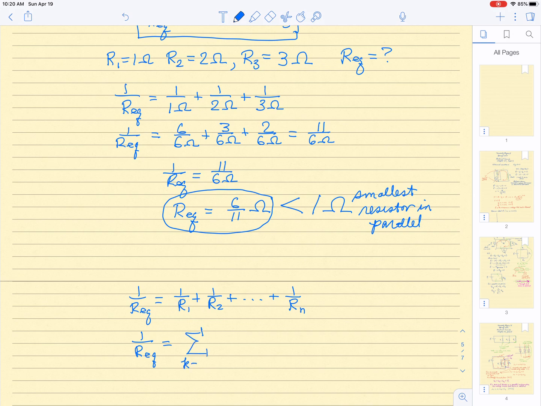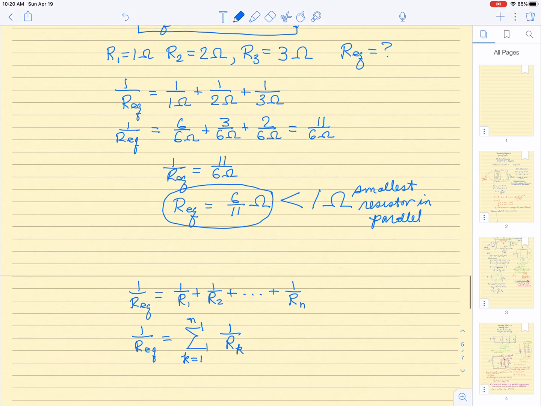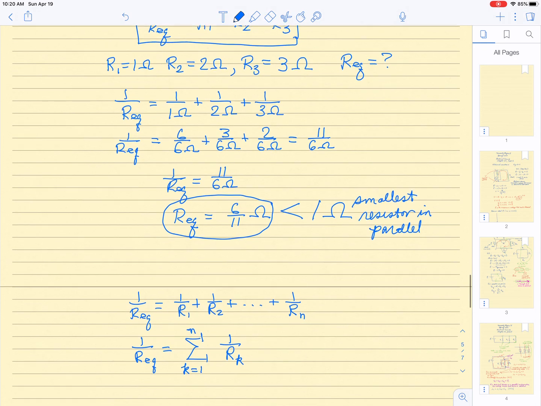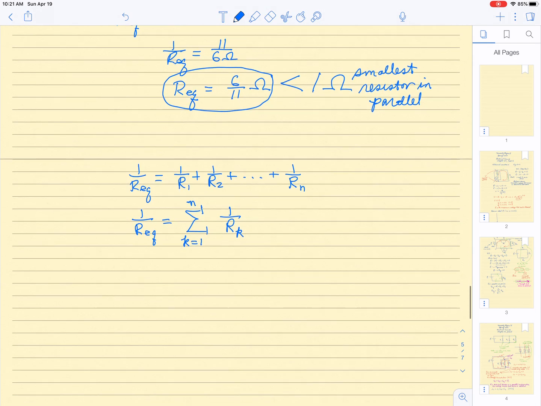So it'll be k equals 1 to n of 1 over R sub k. Okay. So that's resistors in parallel, and it's also an example of a multi-loop circuit. And so we got a chance to see multi-loop circuits.